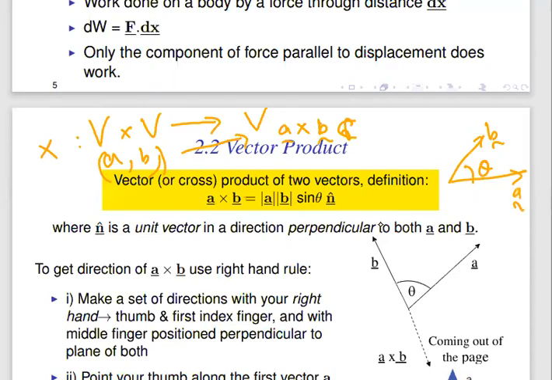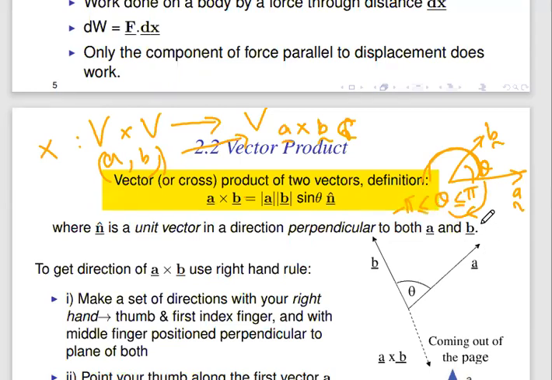This theta varies from where to where? Theta varies in between negative pi and positive pi.